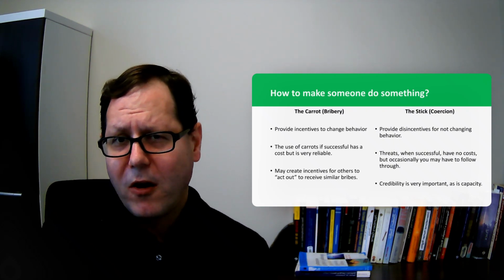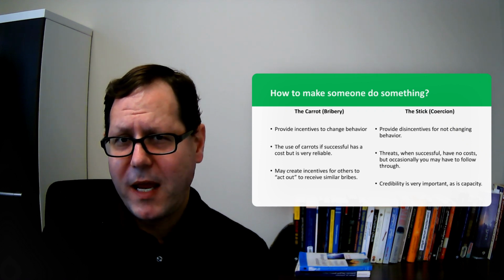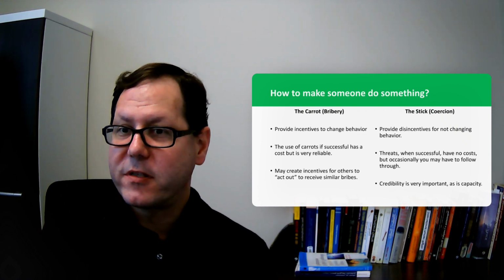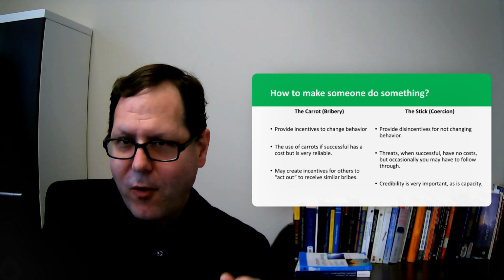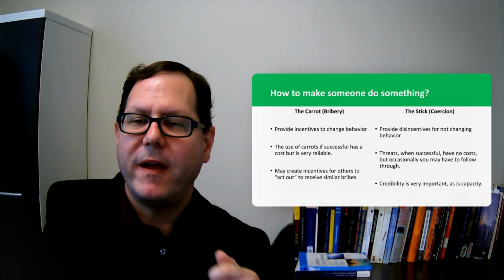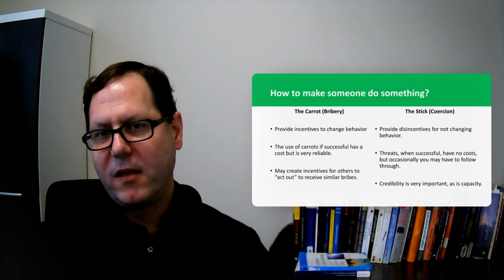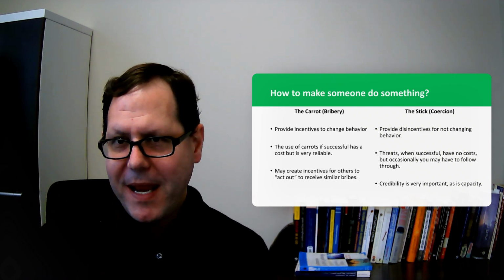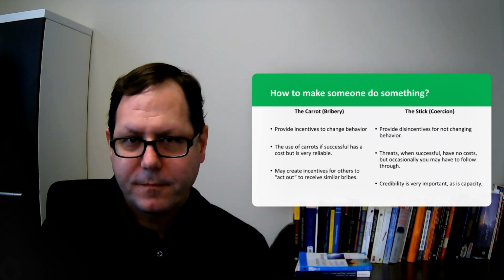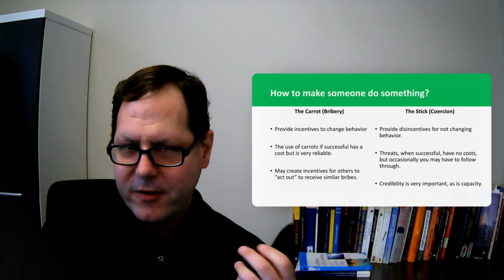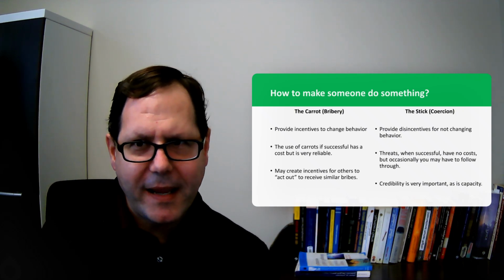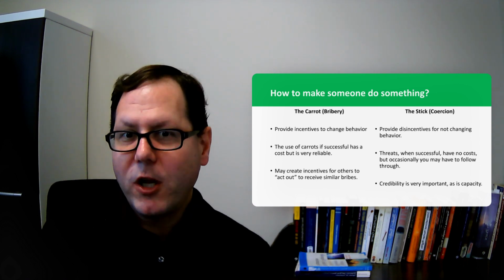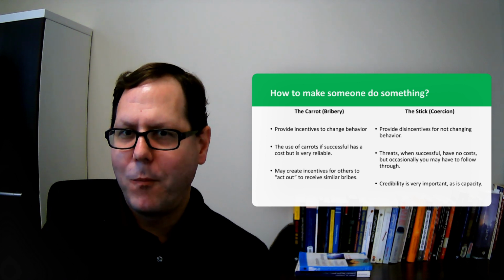Apparently donkeys are stubborn creatures, and you can either entice the donkey with a carrot. Carrots are something that donkeys like, and you hold the carrot out and say, if you do this thing that I want, you'll get this reward, and that makes moving more enticing, right? And so carrots are very effective at getting people to change behavior by making the thing that we want to have happen look appealing, right? This is essentially a bribe.